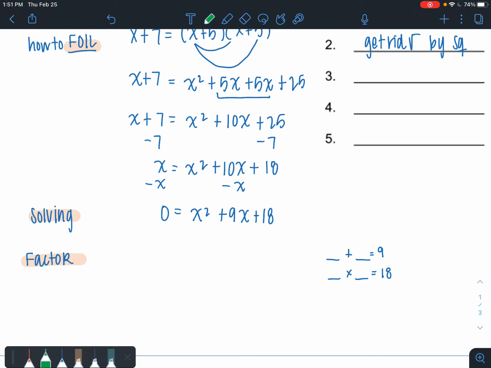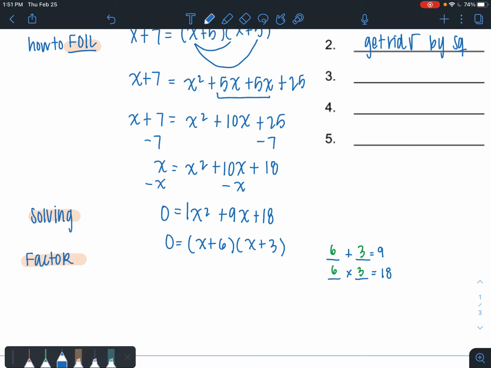Two numbers that multiply to be 18 are 6 and 3. So we're going to end up with x plus 6 times x plus 3. I'm able to just jump straight to it because this has a 1 out front.